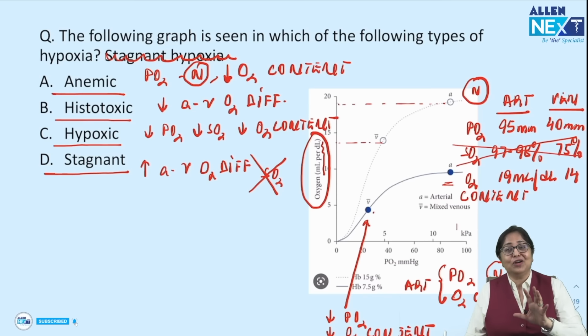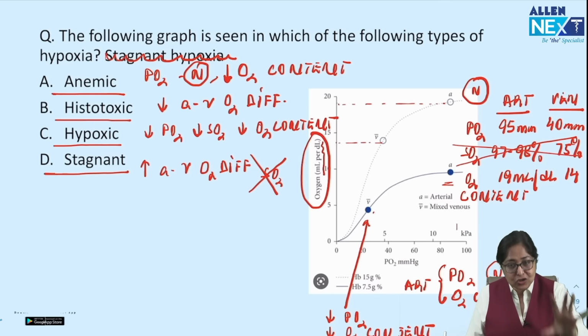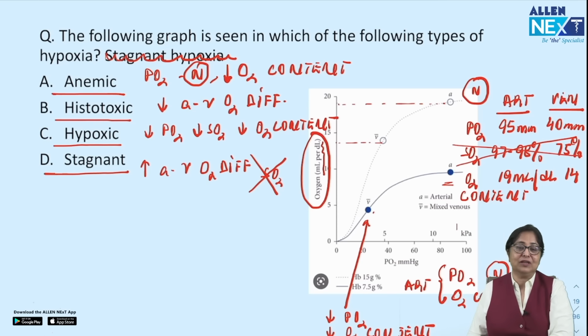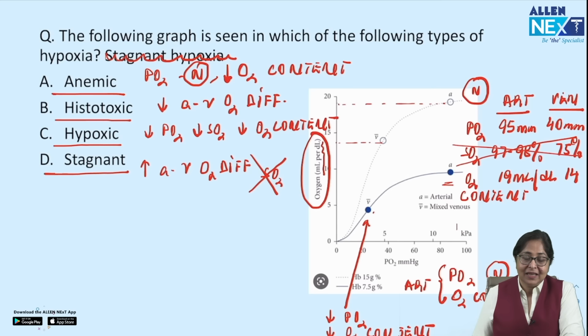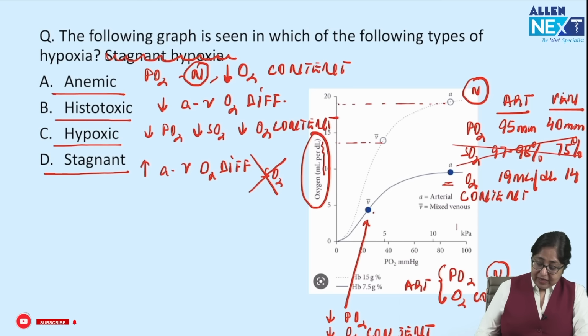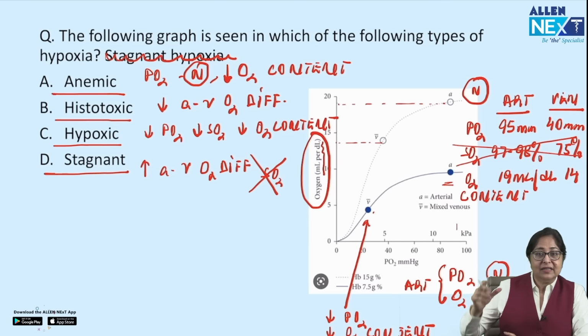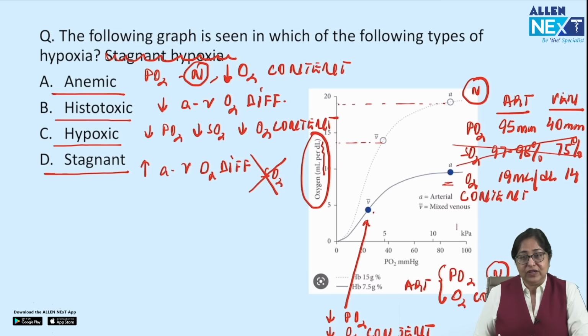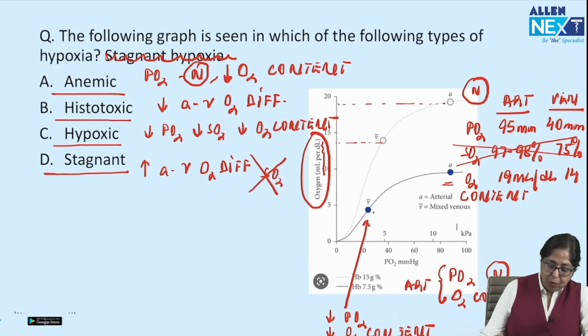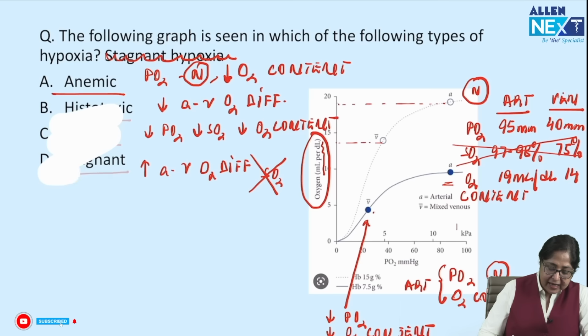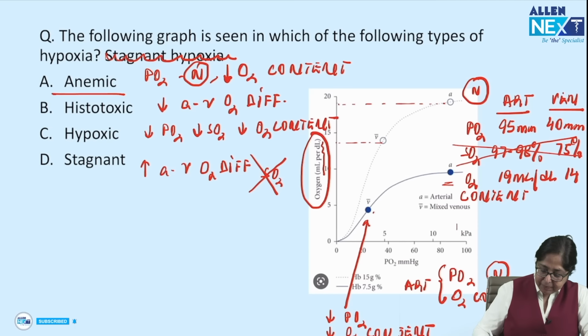Remember, oxygen content refers to dissolved oxygen, and oxygen in combination with hemoglobin. In fact, on the venous side also, there is a decrease in PO2 and decrease in oxygen content. There is a larger arteriovenous oxygen difference. This points towards anemic hypoxia.